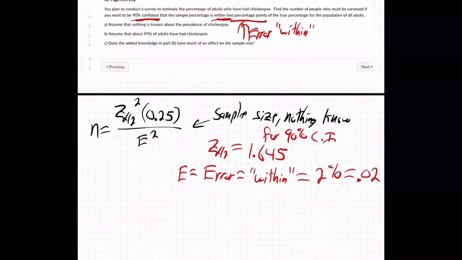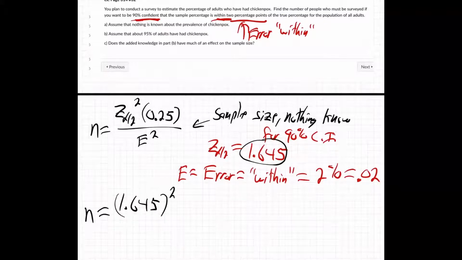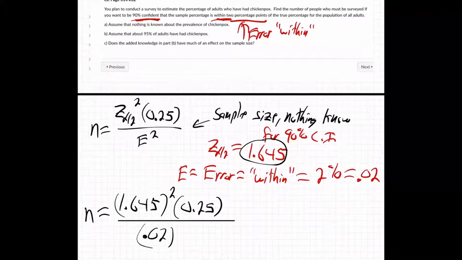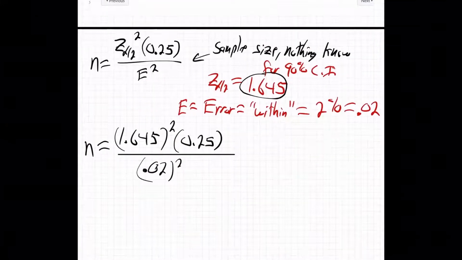Okay, let's do it then. So what's our n value going to be? So z alpha over 2, so 1.645, but then we've got to square that, times 0.25 over the E, and the E is 0.02, and we've got to square that. Okay, so just hit the buttons on the calculator. I can show you exactly what to hit.